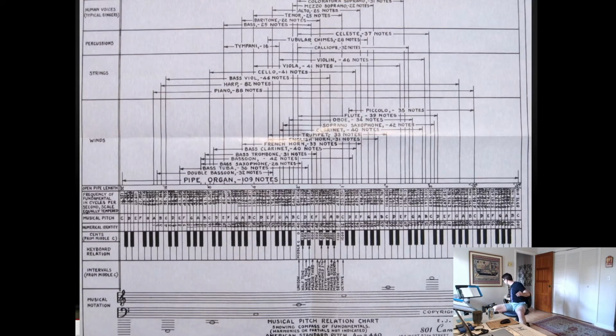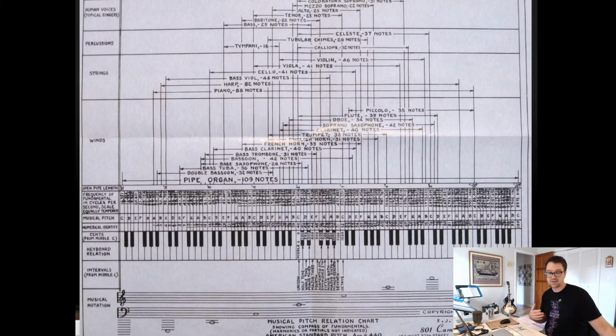So if you do play an instrument, look up what the fundamental frequencies of that instrument are, and use that as a way to memorize and get to know the frequencies of that instrument. So let's say you're a violinist, the low G string, look up what frequency it is.